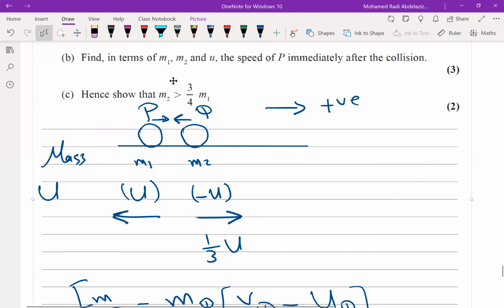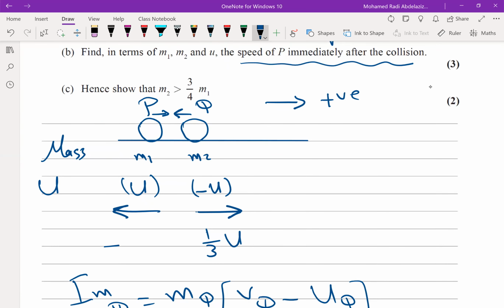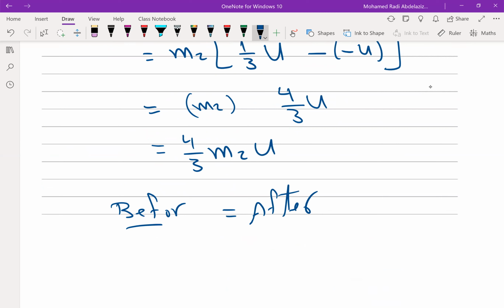Part B: find, in terms of M1, M2, and u, the speed of P immediately after the collision. If we use V as the speed after the collision, its direction now is negative, so it will be negative V. When you apply the equation of momentum, before is equal to after. Let's start now.